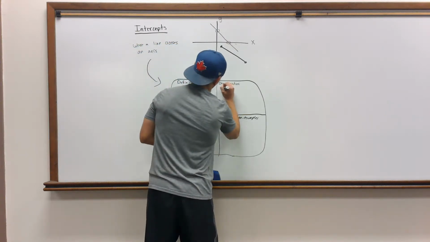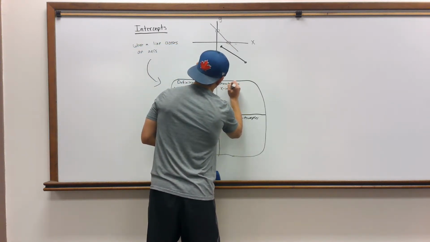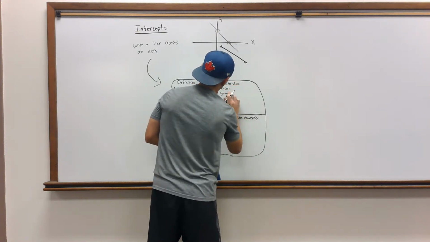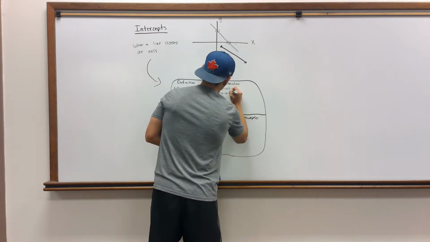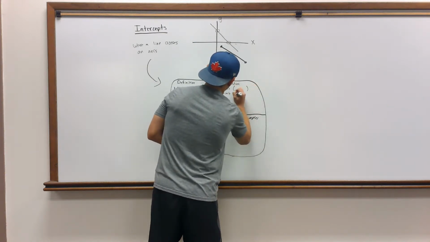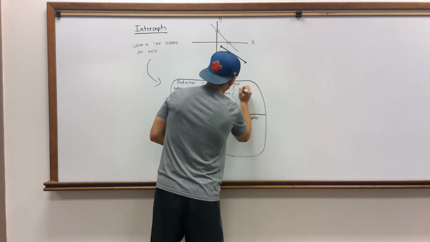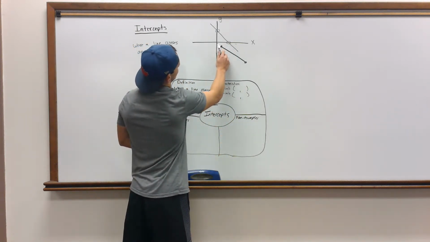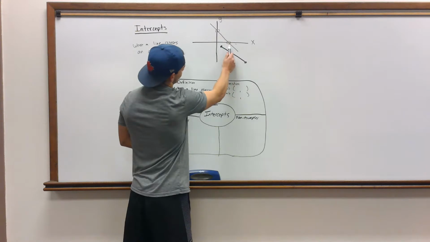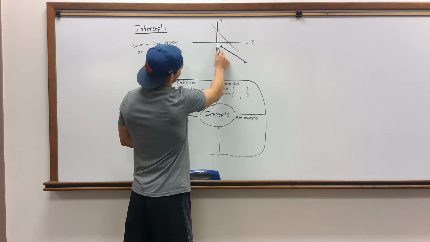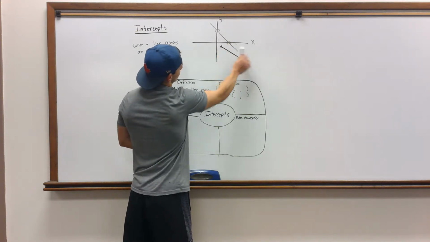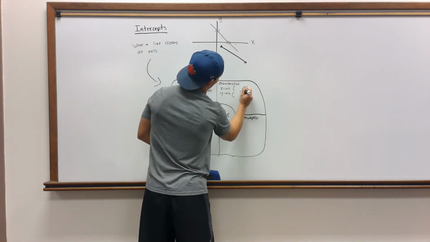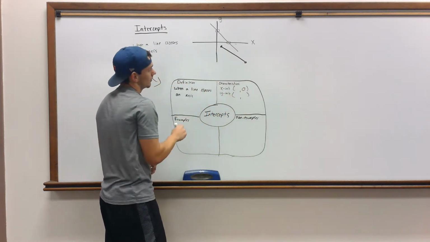We'll write little data points here. An x-intercept is when it crosses the x-axis. At this point, y is going to be 0 because it's along this line. So y is always going to be 0 in the x-intercept.